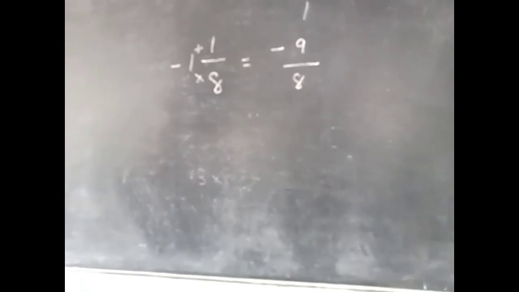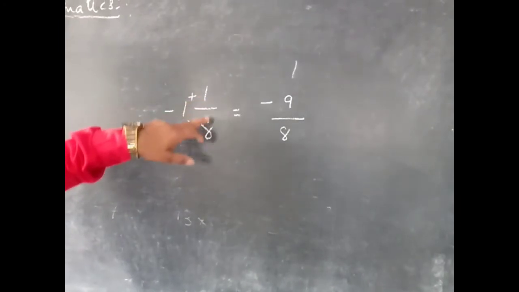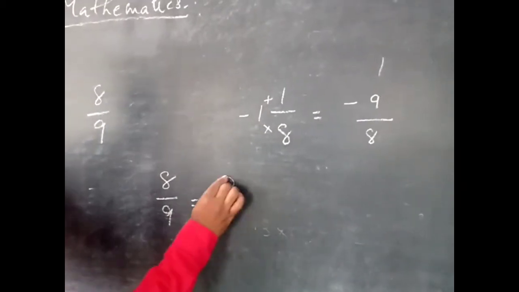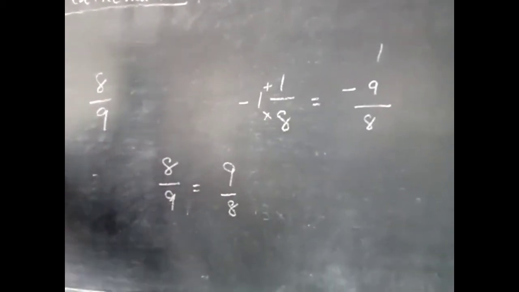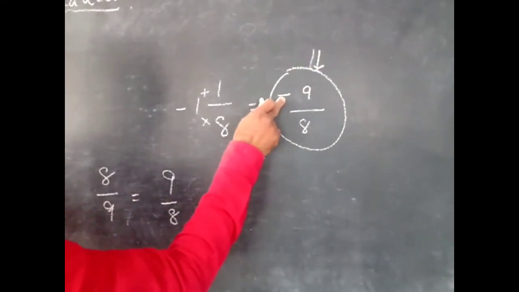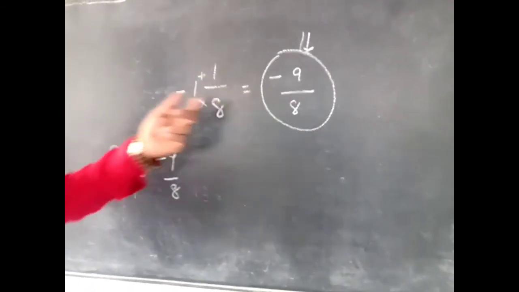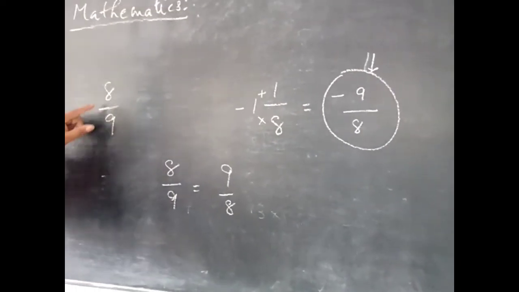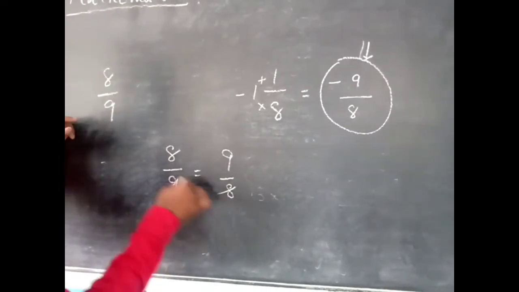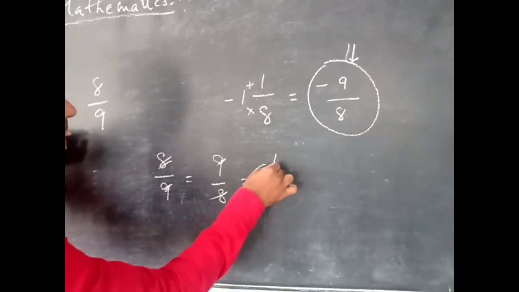Is 8 upon 9 the multiplicative inverse of minus 1 integer 1 upon 8? 8 upon 9, what is the multiplicative inverse of it? 9 upon 8, right? But it is in minus.